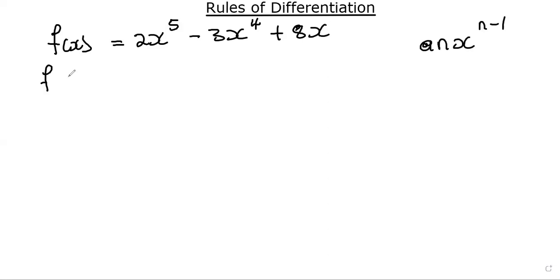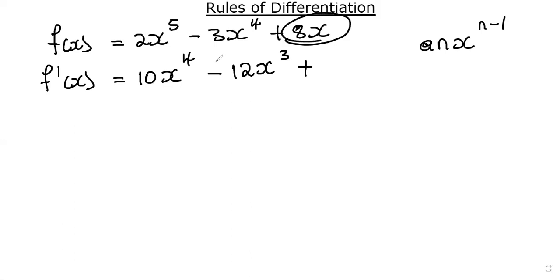So you say, okay, fine, in order for me to get f prime of x, I take the exponent and multiply it by the coefficient of x. So 5 times 2, we get a 10. And I need to subtract 1 from the exponent. I come to this part and do the same. I say exponent times the coefficient of x. I get 12. And then I subtract 1 from the exponent.